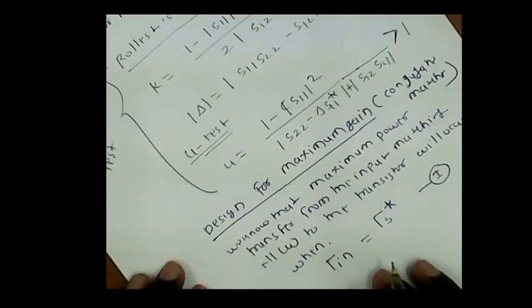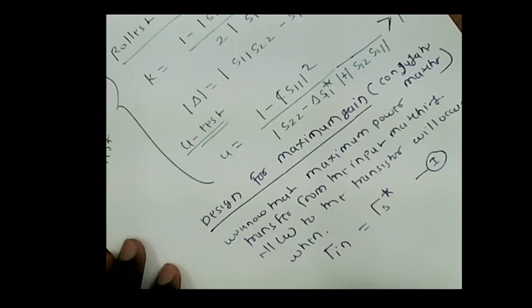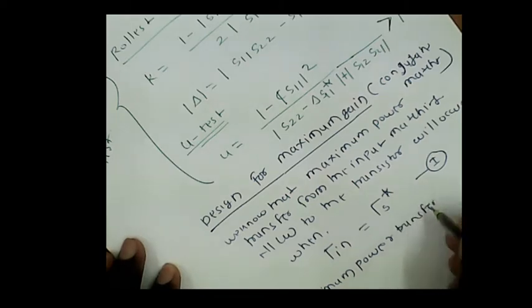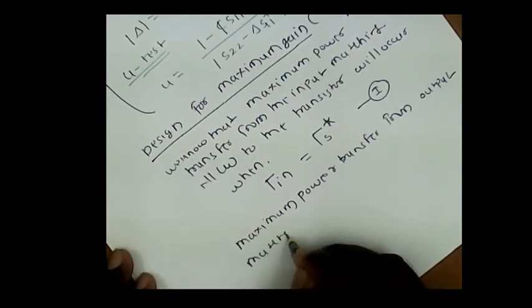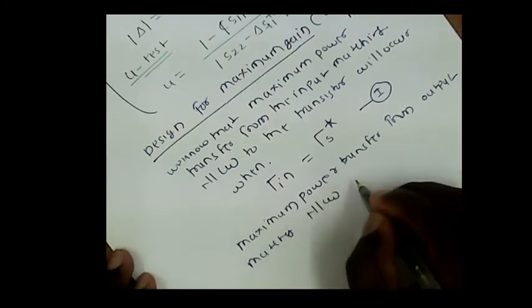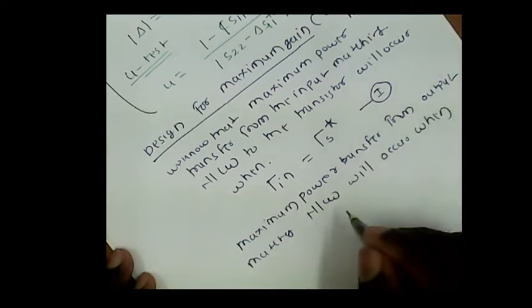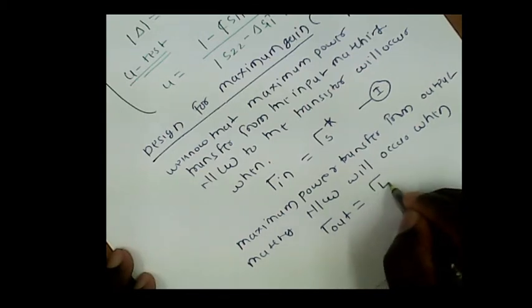Similarly, the maximum power transfer from the output matching network will occur when gamma out is equal to gamma L star.